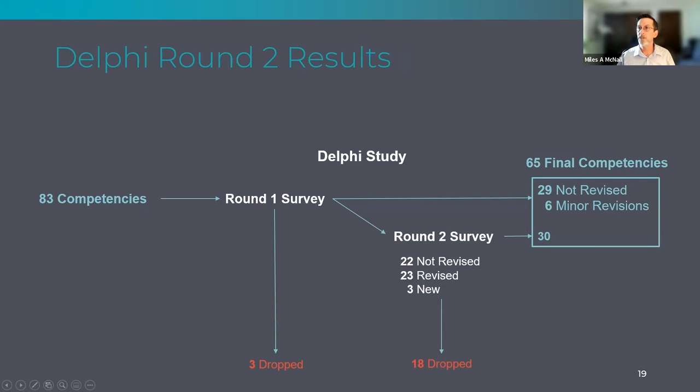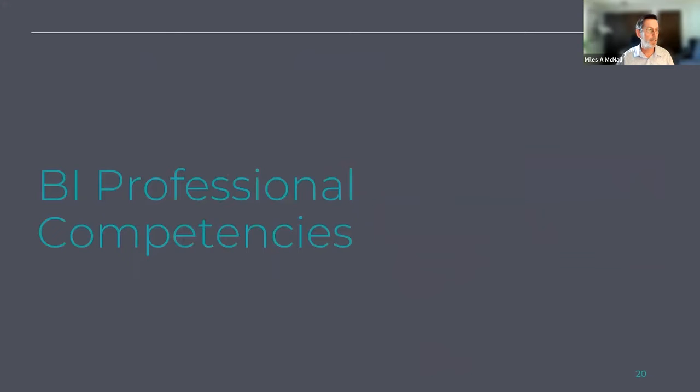And as a result of the round 2 survey, 18 were dropped because they did not meet the threshold for consensus, and 30 went into the final set for a total of 65 competencies, still organized according to those 11 areas.